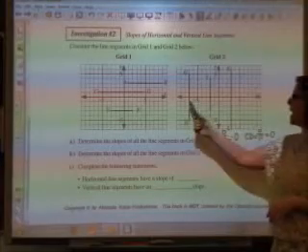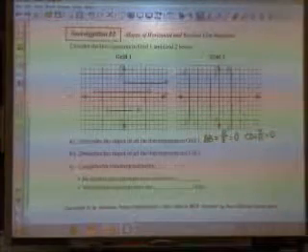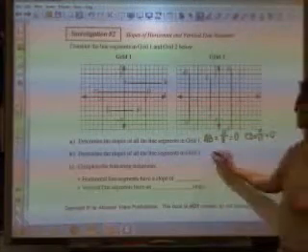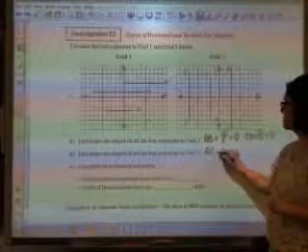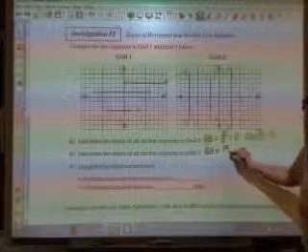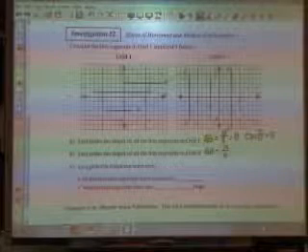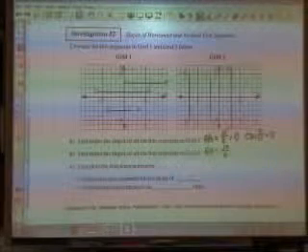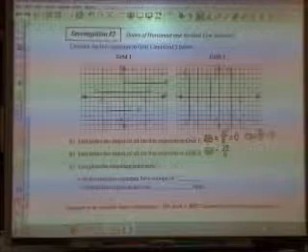If I look at line segment GH, what's the rise? 10. What's the run? 0. And what is 10 divided by 0? Check it.